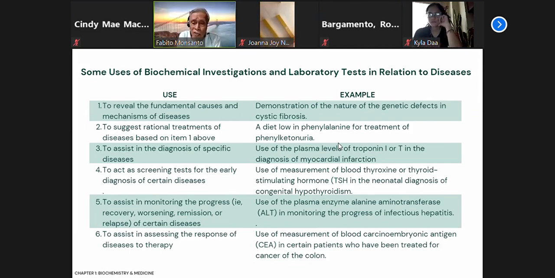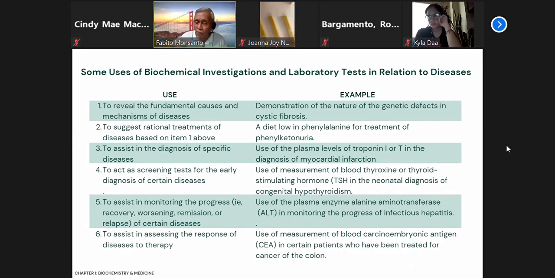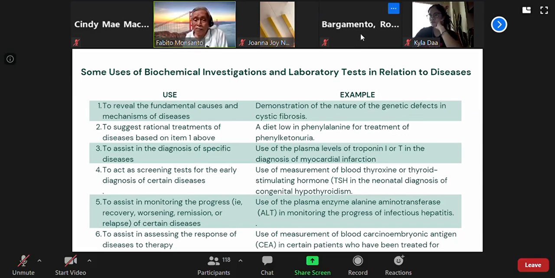So your diet must be free of phenylalanine.